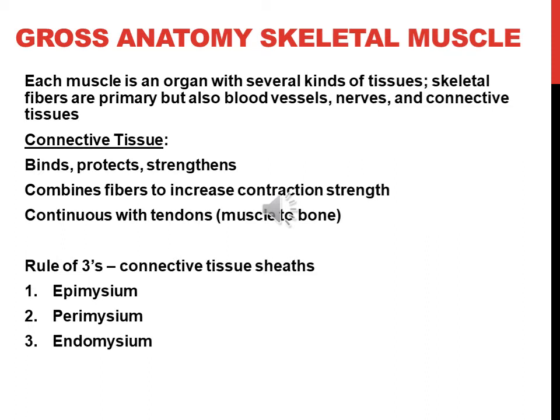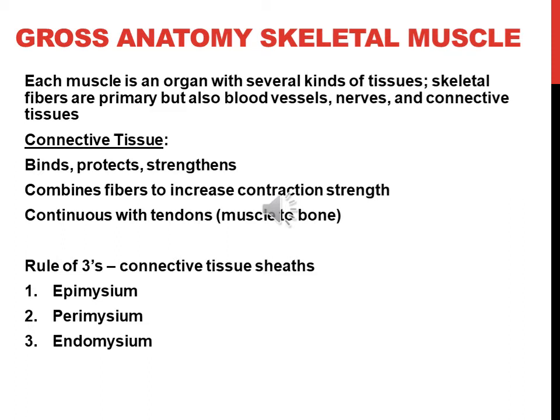So here's where it starts with the connective tissue sheaths, and you'll be able to see these 3 linings on the next diagram. So we have our epimysium, which is the outer covering the muscle, and notice you've got the MYS in all 3 of these, so we know we're talking about muscle sheaths as opposed to some other type of tissue sheath.